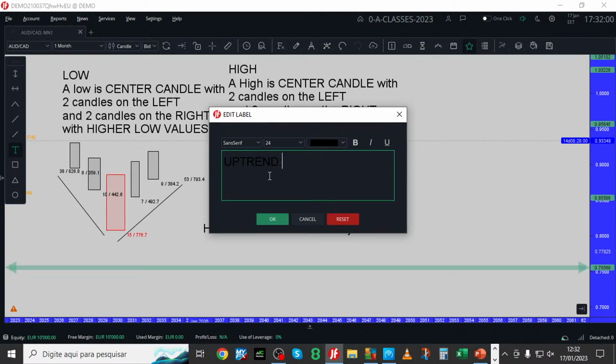Uptrend. Everybody pay attention now, especially if you're a beginner trader.